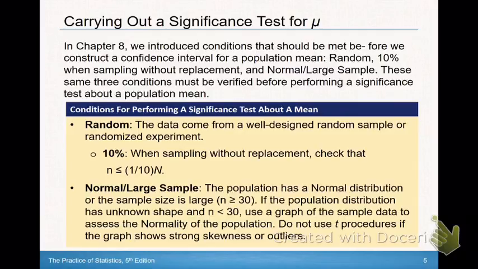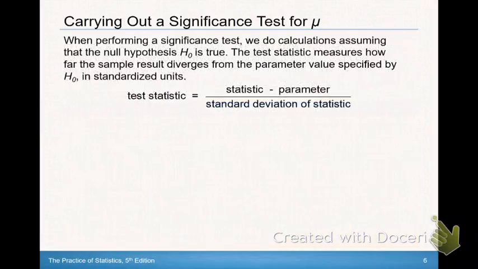If the population distribution has unknown shape and n is less than 30, you can use a graph of the sample data to assess normality of the population. Do not use t procedures if the graph shows strong skewness or outliers. All the same rules that we talked about in the past.